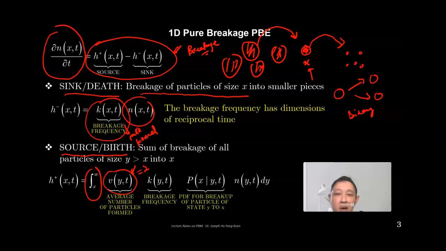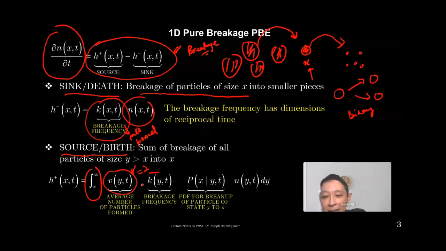Of course, in more complicated cases, your particle could change its behavior. For example, initially it might just break into 2 pieces, and then as time goes on, some underlying physics changes for the process, and it can break into 3 pieces. That is also possible, but for the sake of simplicity, let's just say this is just a number here. If it's binary, it's 2. If it's ternary, it's 3, and so on.